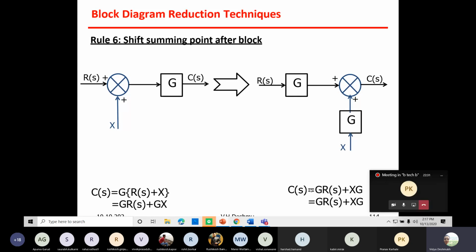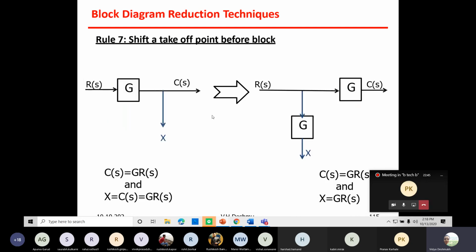So when we shift the summation point after the block, we have to add the gain of the block from which we shift that summation point. The next rule is shifting a takeoff point before the block.